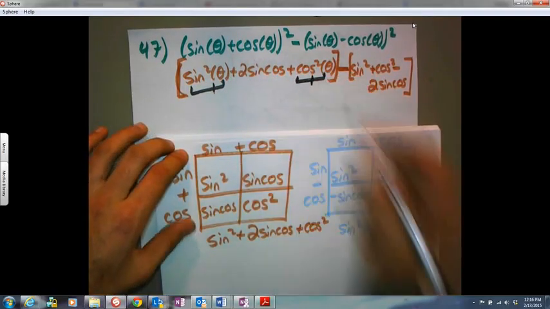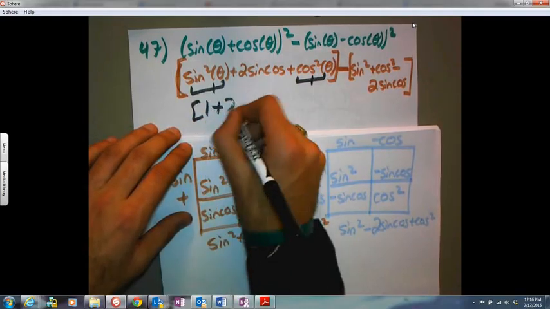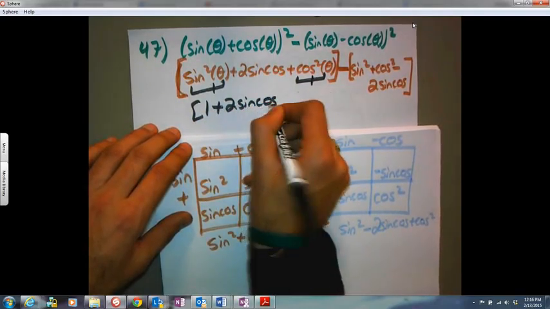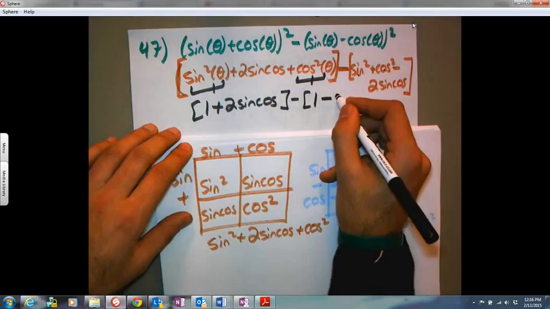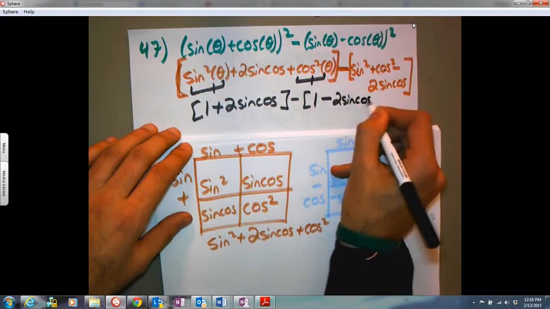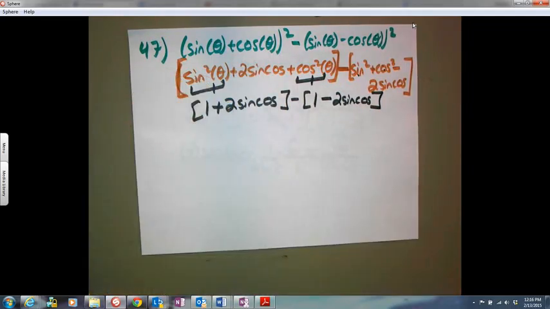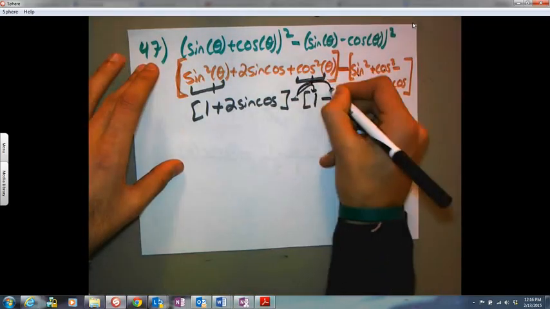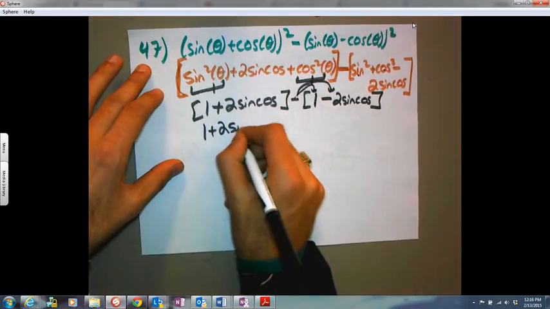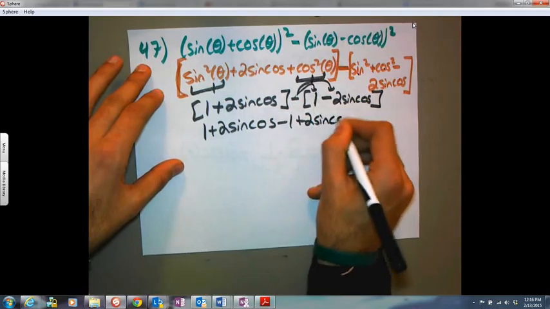Sine squared plus cosine squared is just 1. Go ahead and distribute the negative. The 1's go away.